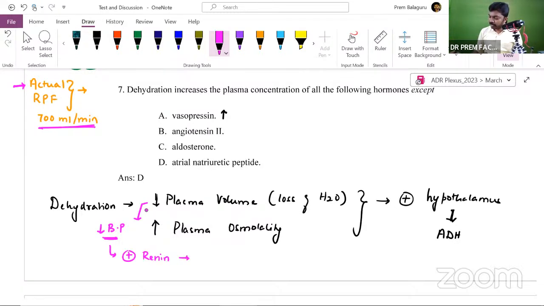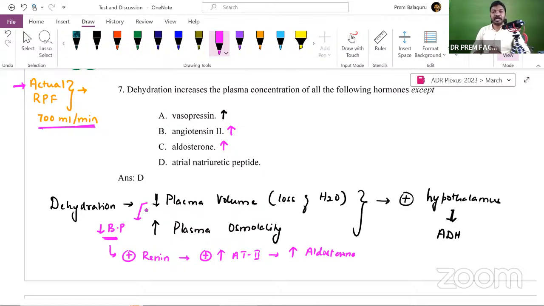With triggering of renin, there is going to be an increased synthesis of angiotensin 2, and this increased synthesis of angiotensin 2 increases aldosterone as well. You guys know very well the trigger for aldosterone synthesis is angiotensin 2. So vasopressin level is increased, renin level is increased, angiotensin level is increased, aldosterone level is increased.